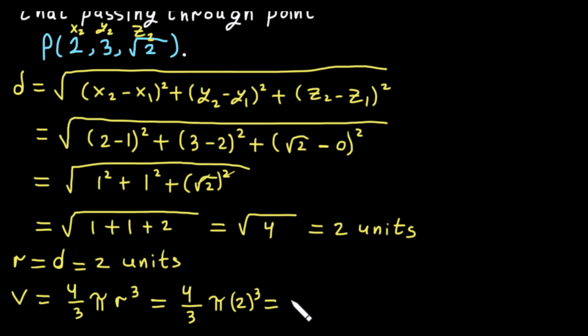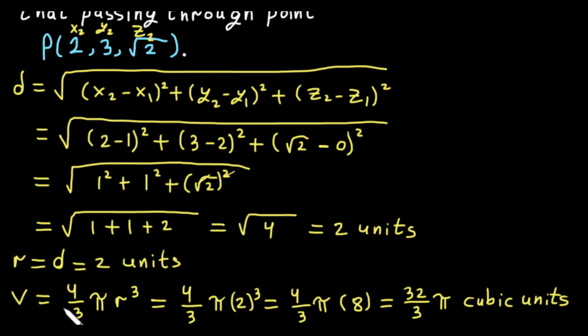It means 2 multiplied by 2 multiplied by 2, which is 8. So the answer here is 4 multiplied by 8, which is 32 over 3 times pi, in cubic units.